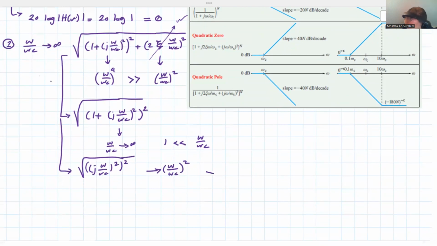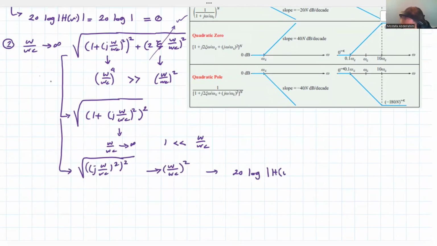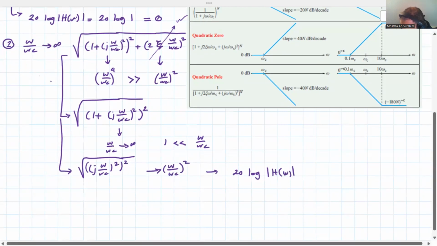So at the end of the day, 20 log the magnitude of H of omega, when omega over omega c tends to infinity, will be 20 log omega over omega c squared, which is 40 log omega over omega c.